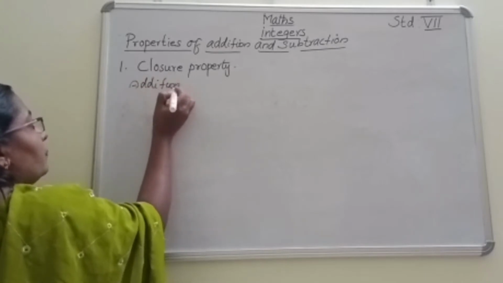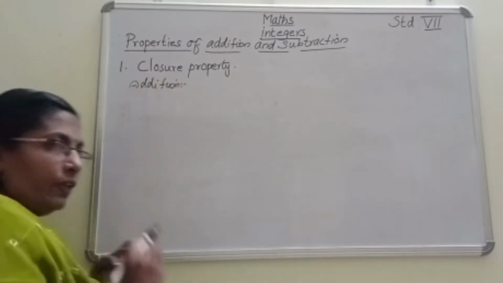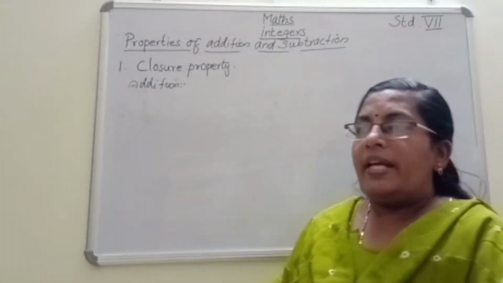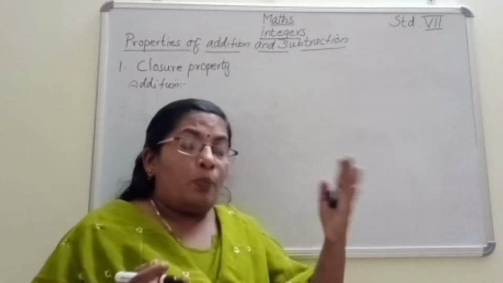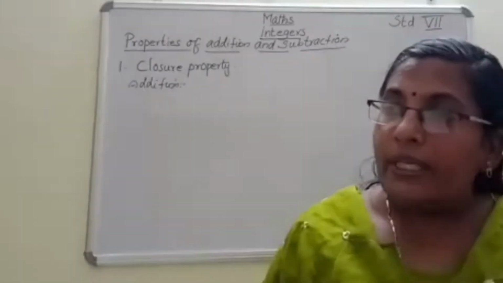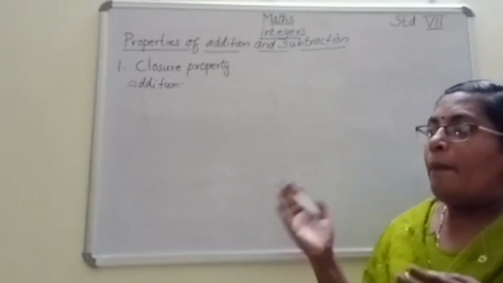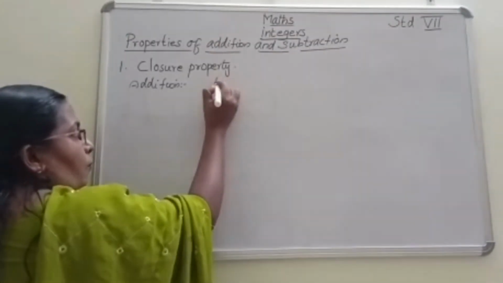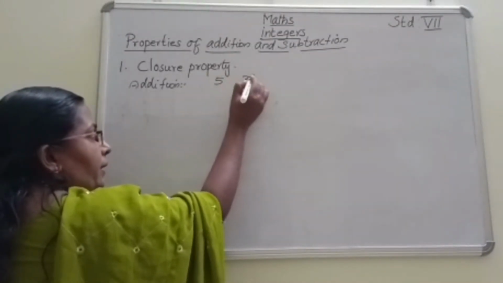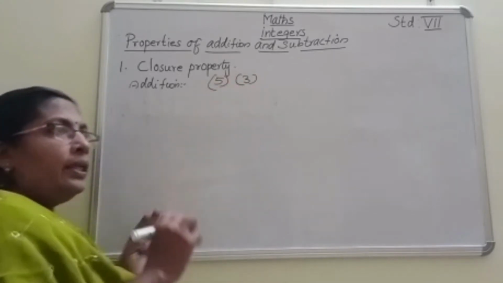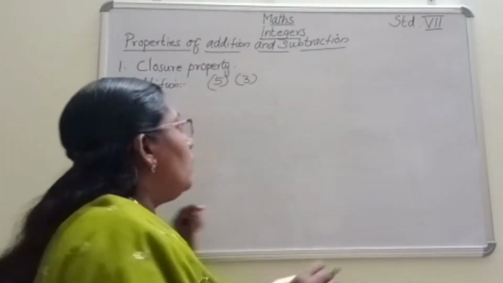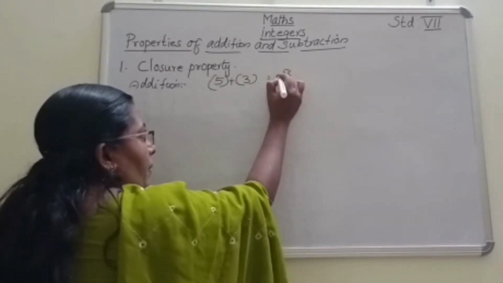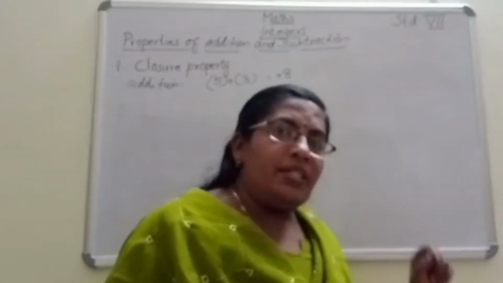For example, take any two numbers, 5 and 3. These are integers. And what is 8? 8 is an integer.